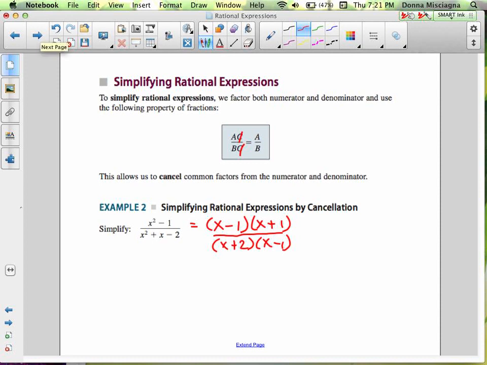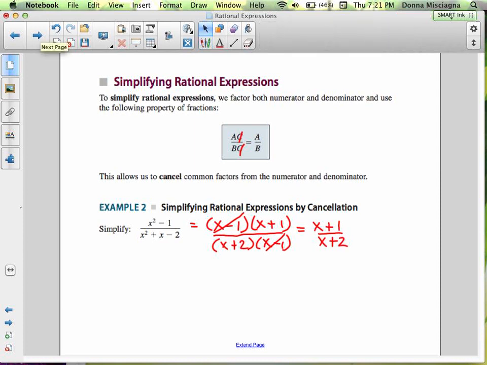And you can see if we multiplied that back together again, we would have x times x would give us x squared, 2 times x would be 2x, minus 1x, so that would be x, and then 2 times negative 1 is negative 2. We can cancel out these x minus 1, right, because it appears in both the numerator and denominator, and that gives us the simplified form x plus 1 divided by x plus 2. And that's all there is to reducing rational expressions by cancellation.